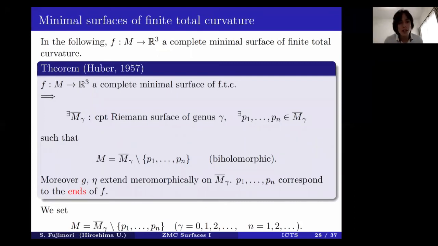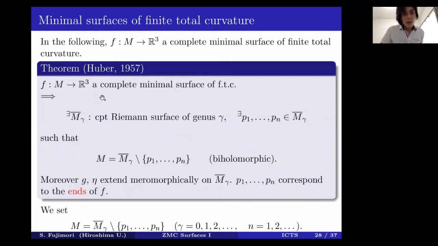So now I'd like to introduce some theorems for minimal surfaces of finite total curvature. In the following, let F be a complete minimal surface of finite total curvature.